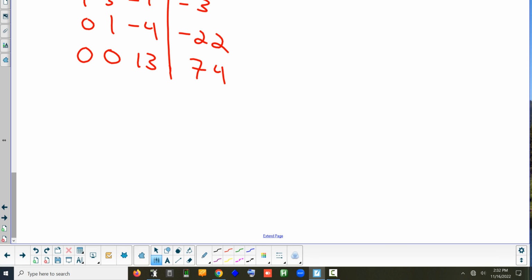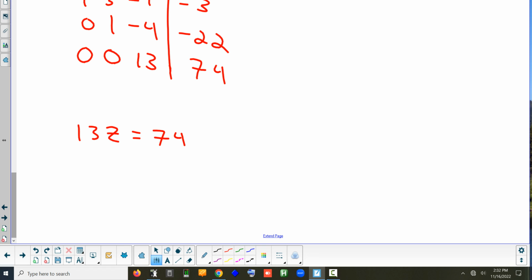Okay, and I'll get z, and then that's where I'm going to stop. What does this last row tell me? Yeah, 0x plus 0y plus 13z equals 74.